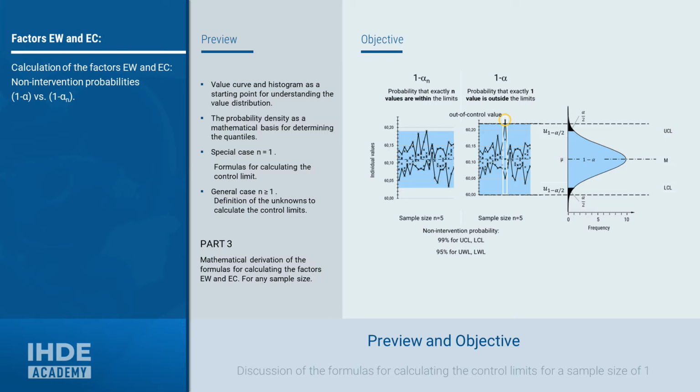We will again discuss the probability density as the mathematical basis for determining the quantiles for the special case of a sample size of 1. And we take a closer look at the formulas used to calculate the warning and control limits, because in these, the sought-after factors EC and EW find their application.